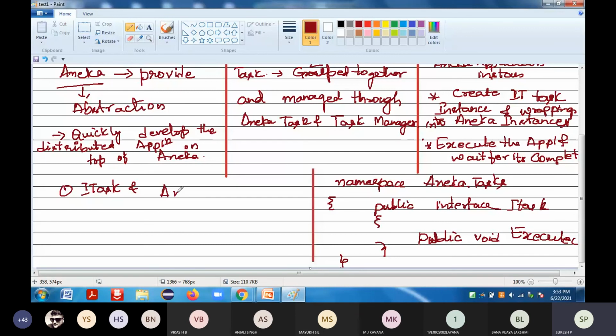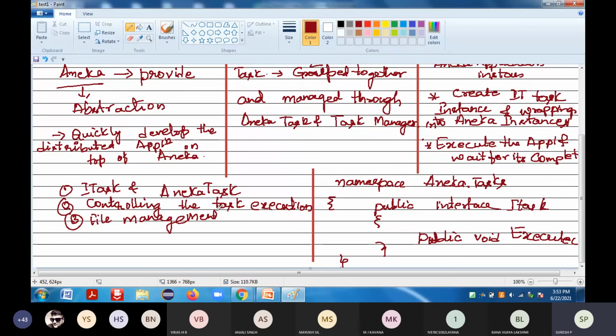Next, we are going to have controlling the task execution. After controlling the task execution, you should have the file management. Third one, you should have the file management.